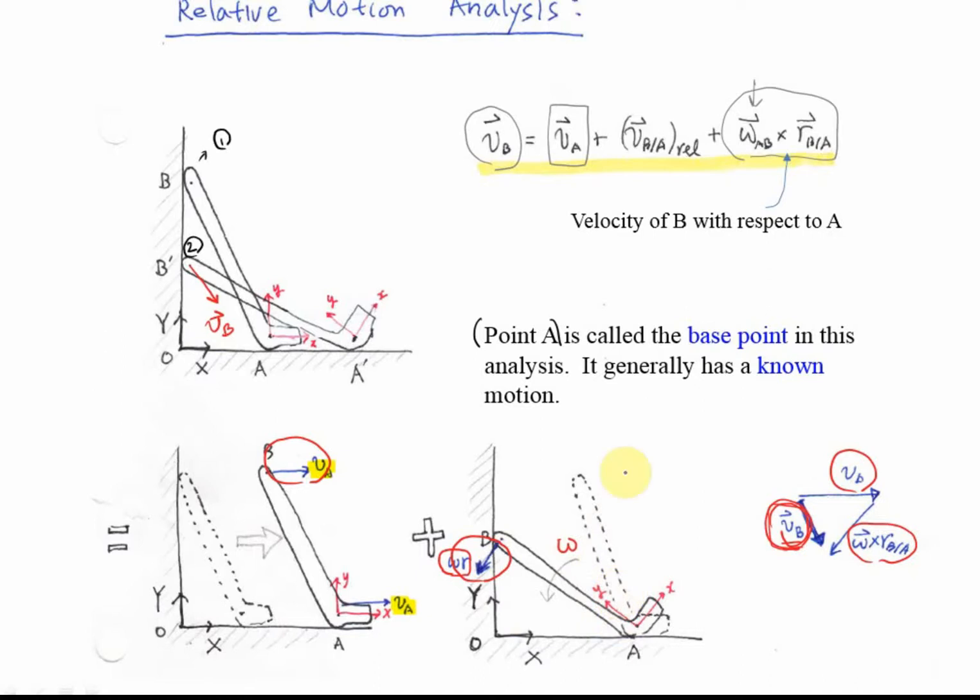Then you have to think about the position vector pointing to B from A. Using this concept, the velocity of any point of your rigid body is equal to the velocity of a base point plus the angular velocity of that rigid body cross product the position vector of that point from your base point.